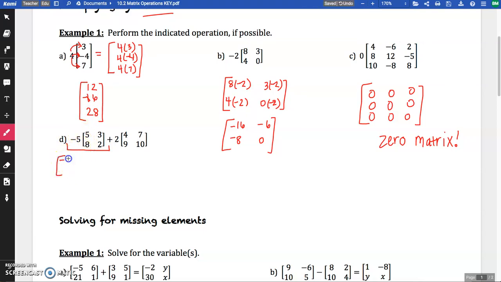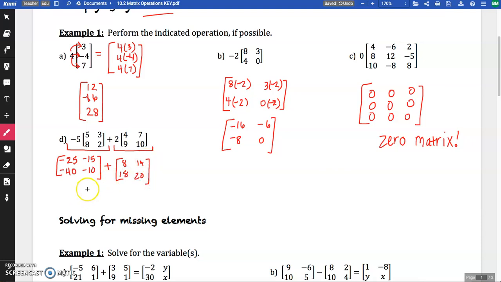So this becomes negative 25, negative 15, negative 40, and negative 10. And then I'm going to multiply the second matrix by positive 2, keep my addition in between them. So 2 times 4 becomes 8, 2 times 7, 14, then 18, then 20.